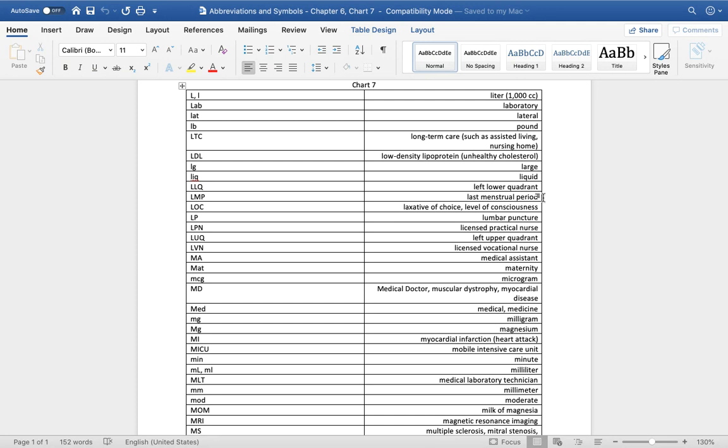This is generally how they determine a preliminary due date for a baby, based off of the last menstrual period date. Also, this can kind of help determine the beginning of pregnancy, right? Because if it's been more than a month since the last menstrual period and the patient has been sexually active, it is a possibility that they could be currently pregnant.